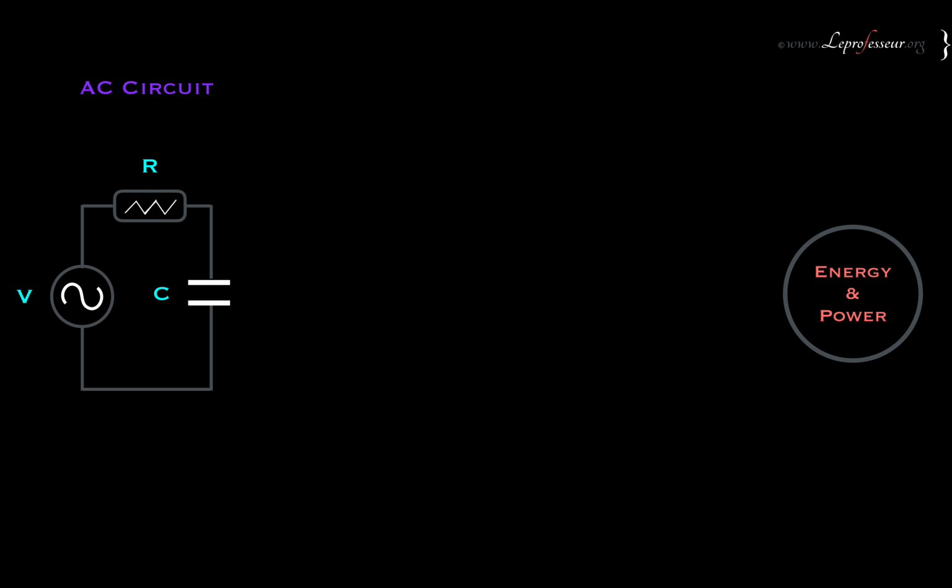We have two kinds of circuits, AC circuit and DC circuit. First, let's talk about the AC circuit. We have a voltage, resistor and capacitor. A typical simple RC circuit, AC circuit. So let's talk about energy: how much energy would be needed to charge this capacitor?